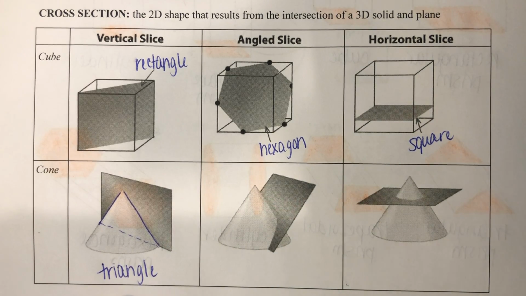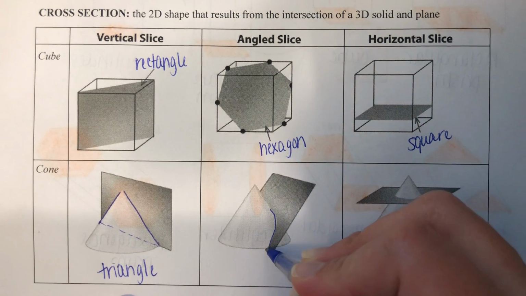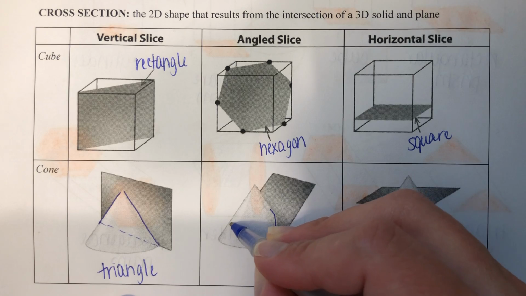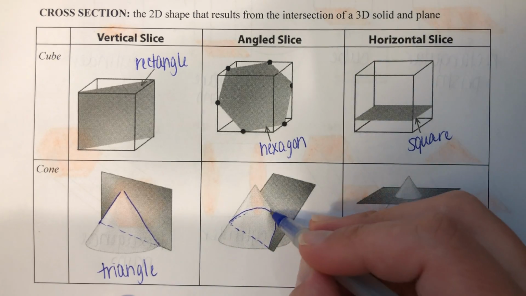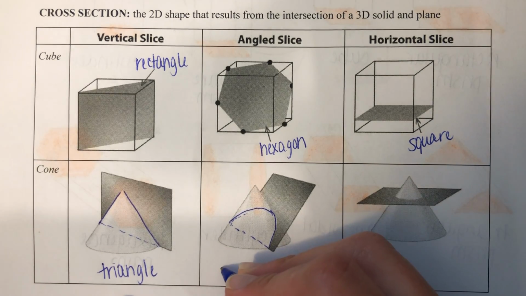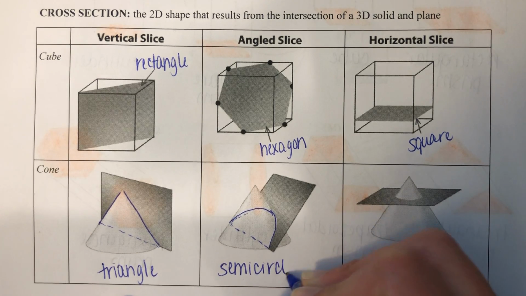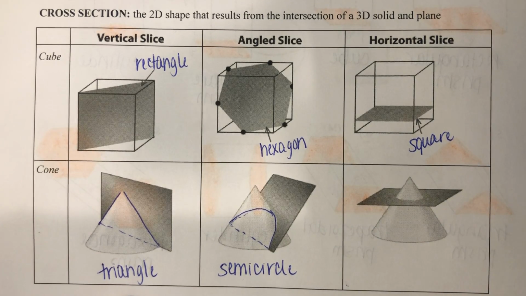Okay, now we're coming in at an angle. I'm going to, again, trace what's going on here. It's looking like I'm going to have a semicircle. Lastly, I'm coming in horizontally.